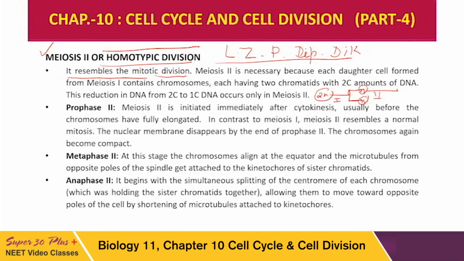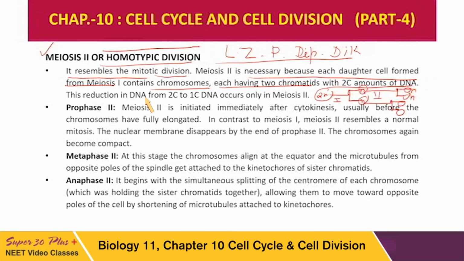This will divide and two cells will be formed, each with the number of chromosomes equal to the parental cell, and as a result there will be 4 haploid nuclei, haploid cells. So meiosis second is necessary because each daughter cell formed from meiosis first contains chromosomes, each having 2 chromatids with 2C amount of DNA.